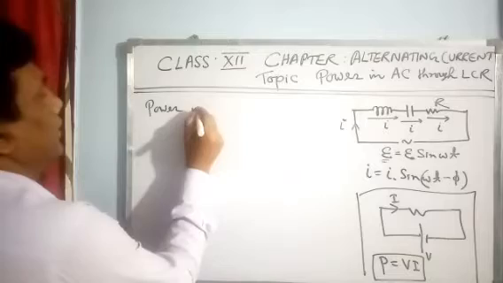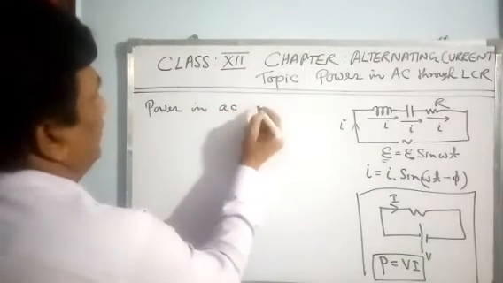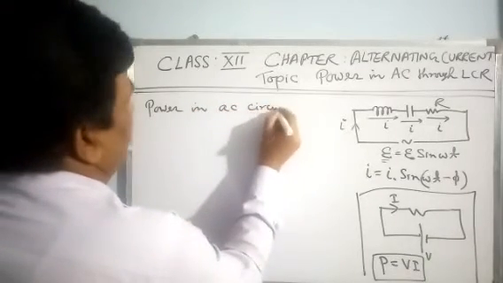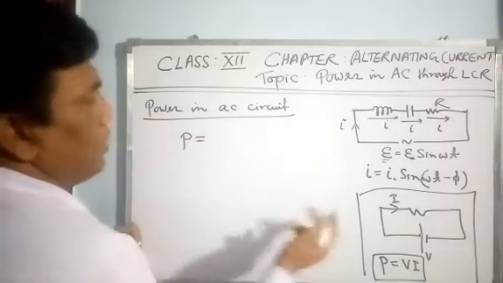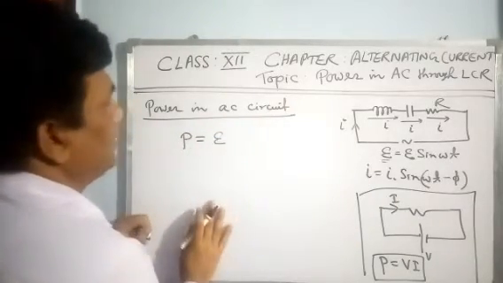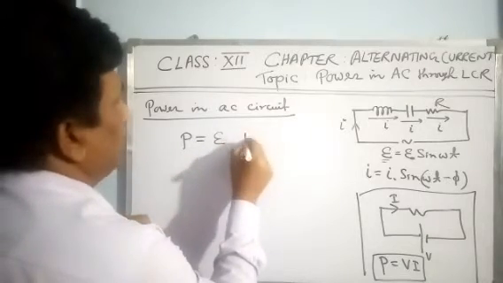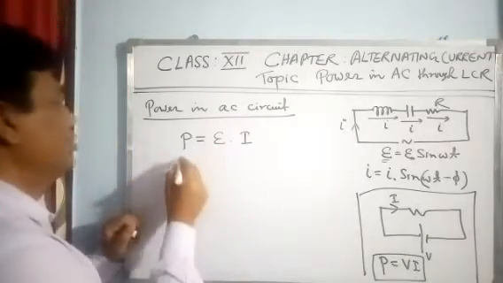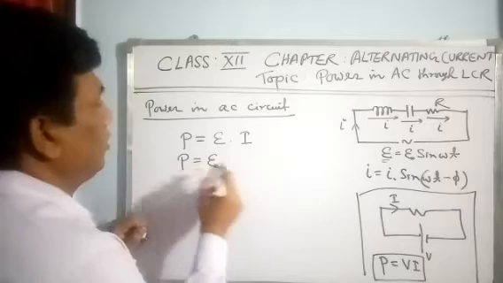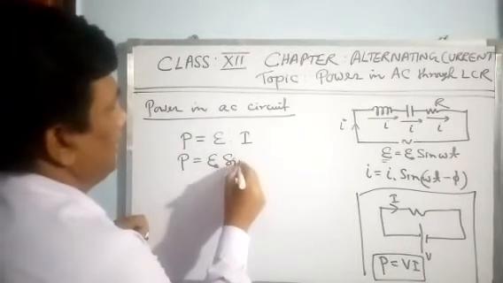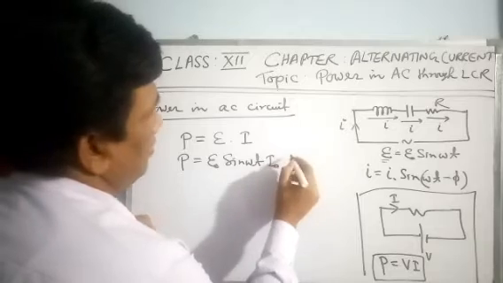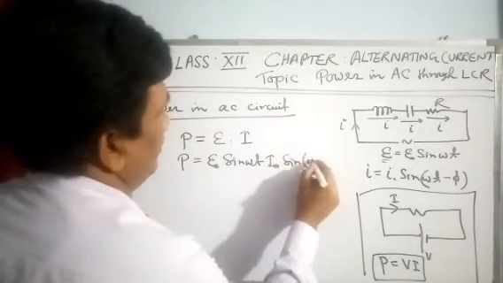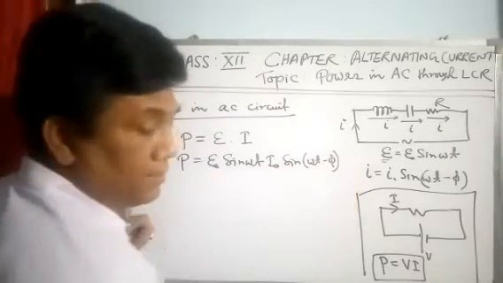Power in an AC circuit is also defined as voltage times current. At any moment the voltage is E and the current is I. So power will be equal to E naught sine omega t times I naught sine of omega t minus phi.